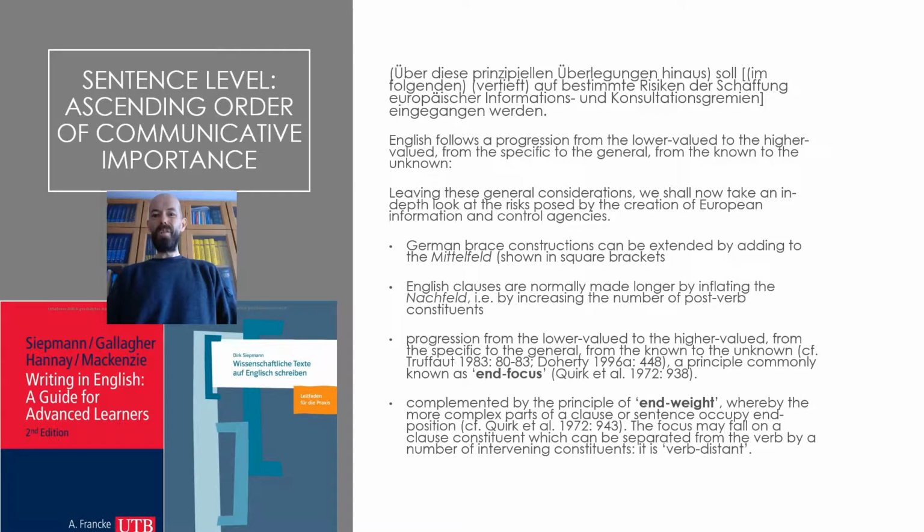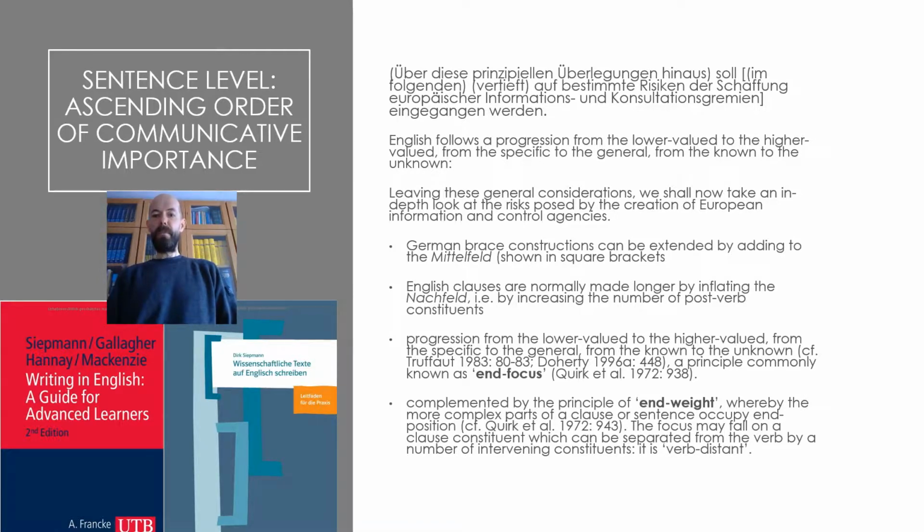Now, in sharp contrast, English clauses, I should say, are normally made longer by inflating what's called the Nachfeld, so by increasing the number of post-verb constituents. So loosely, we might say that English follows a progression from the lower value to the higher valued, from the specific to the general, or from the known to the unknown.